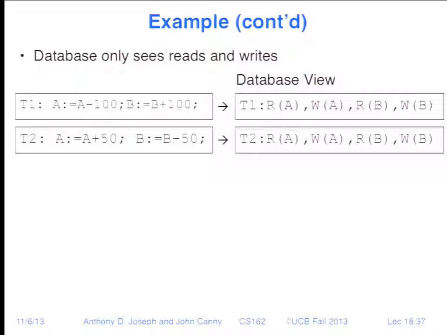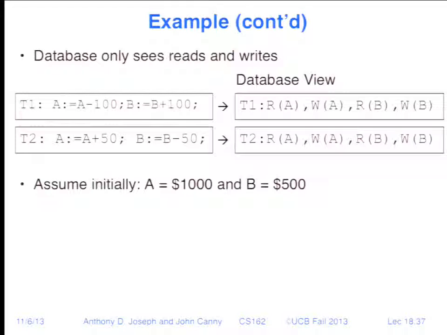The actual operations on the database are reads and writes. So transaction 1, here are the steps. What the database sees is the read of A, the write of A. It doesn't see the update. And then a read of B and a write of B. And similarly for the next transaction.